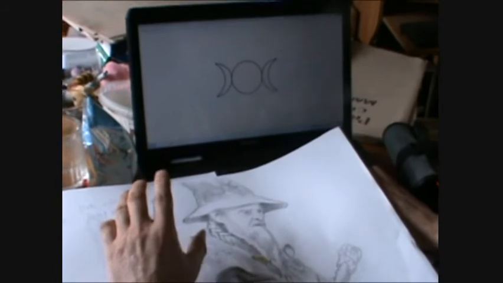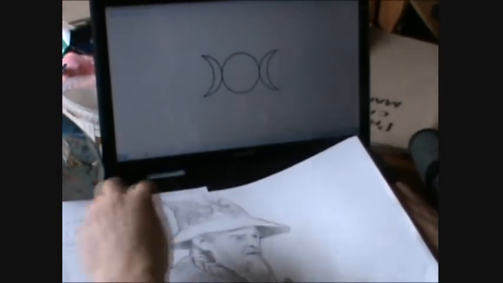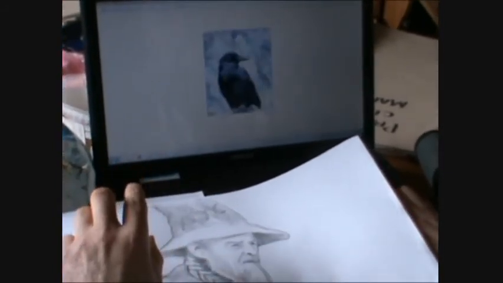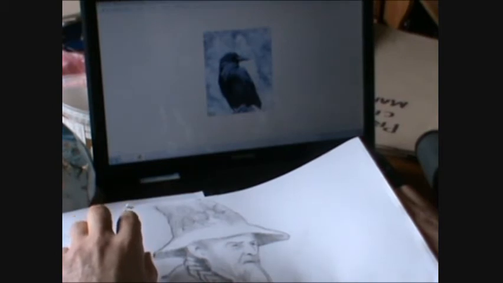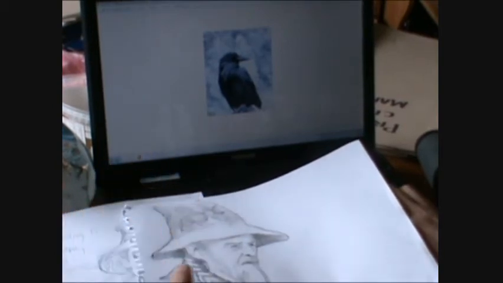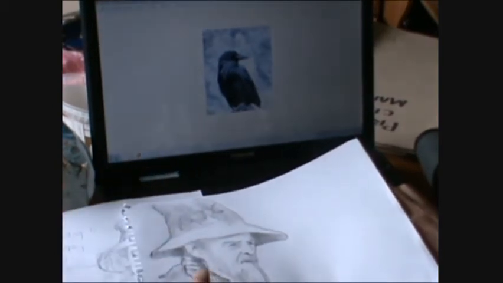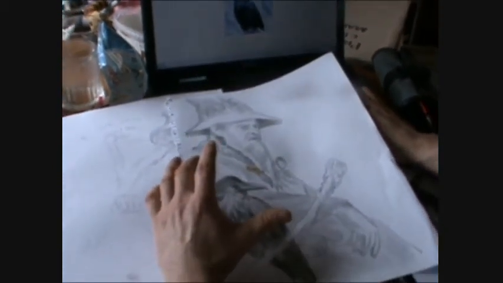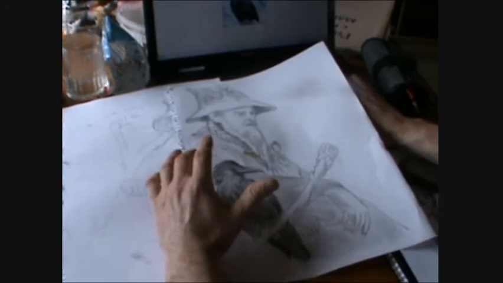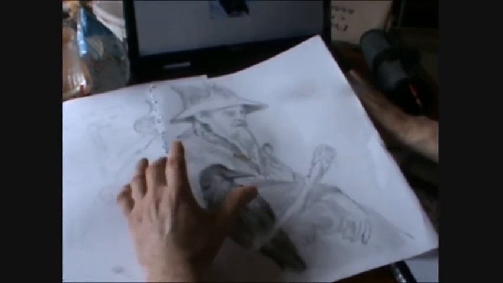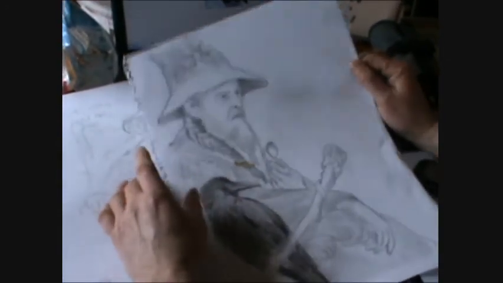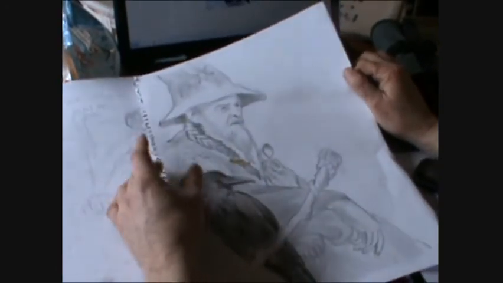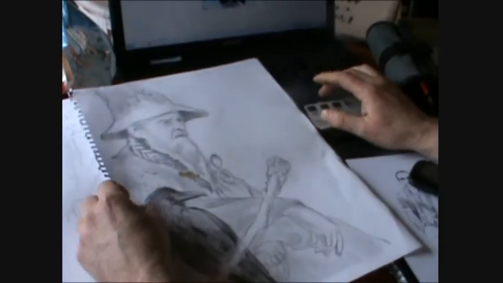It's probably better than I thought it would be. See the hat. Now I put the raven in, so it's not the ridicule. I put the raven in to put a little bit of gravitas into the picture. I didn't want to make a fool out of the subject, which you could very easily do in this subject, but that's the last thing I wanted to do.